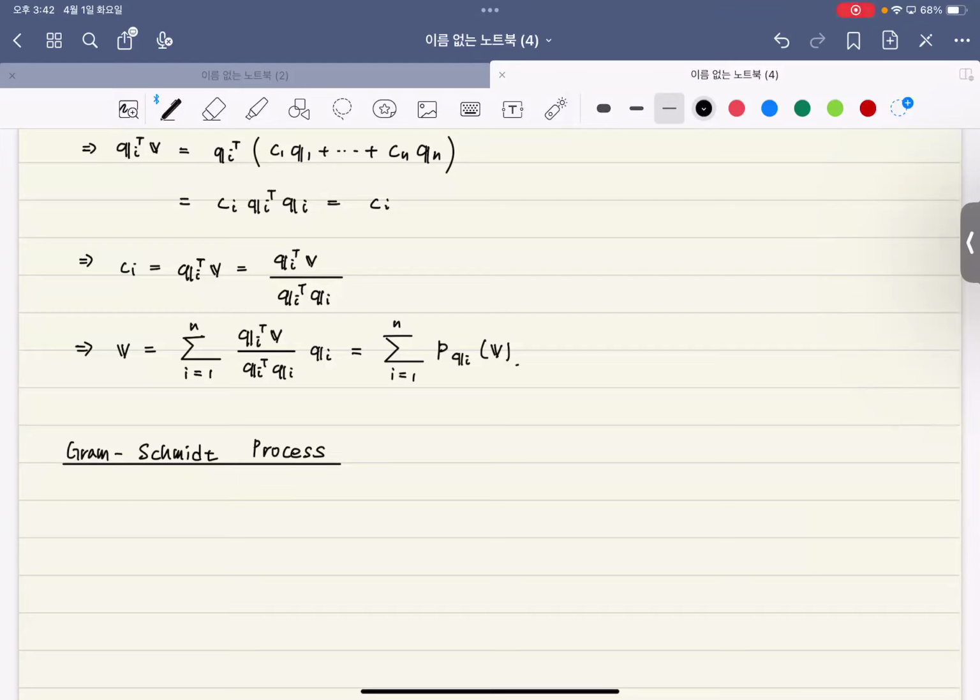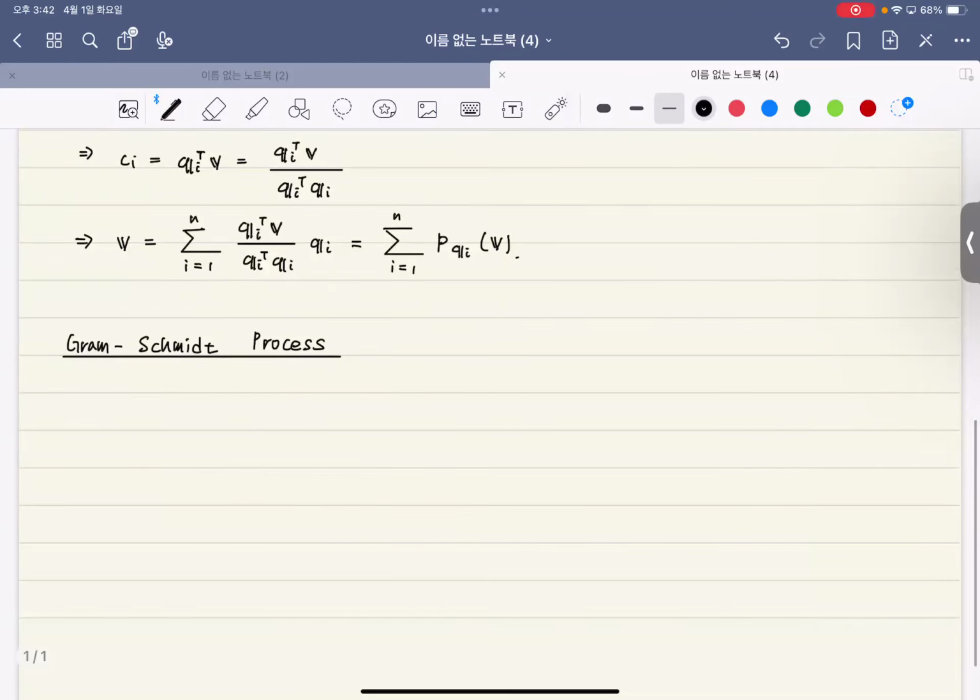All right. So now I am ready to introduce the Gram-Schmidt process. We consider a subspace V of R^n. And let me say the vector space V is a k-dimensional vector space.